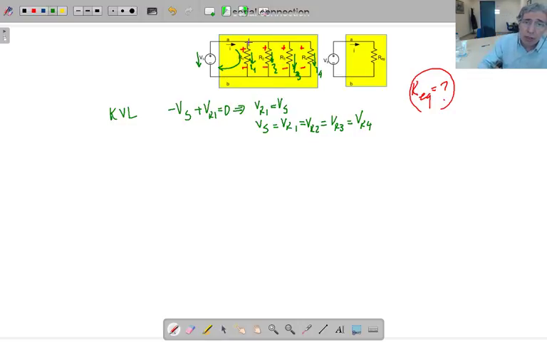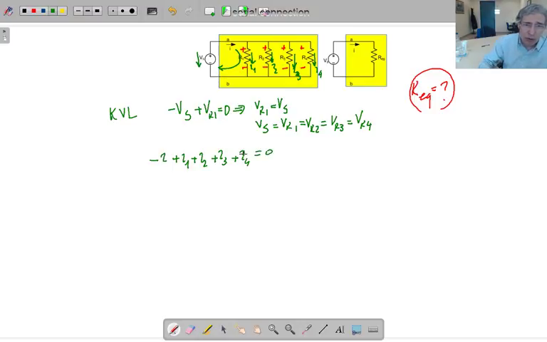If you write the Kirchhoff current law equation for this node, this is just one node we are seeing here. This current direction is towards the node, that's why minus I. The other currents are coming out of the node, therefore the sign for these currents is going to be plus. So I1 plus I2 plus I3 plus I4 is equal to 0.